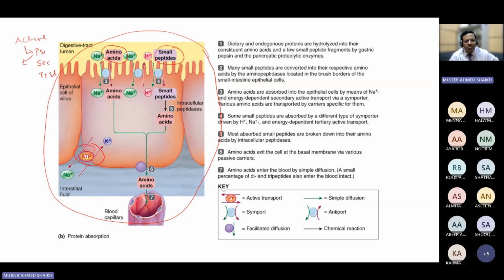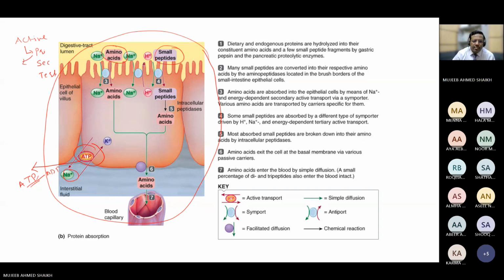It needs a transporter. Why? Because here in this transporter protein, ATP is directly utilized. ATP is broken down to ADP and energy, which is required for movement of sodium and potassium. This is primary because ATP is used at the same place, same cell, same carrier.